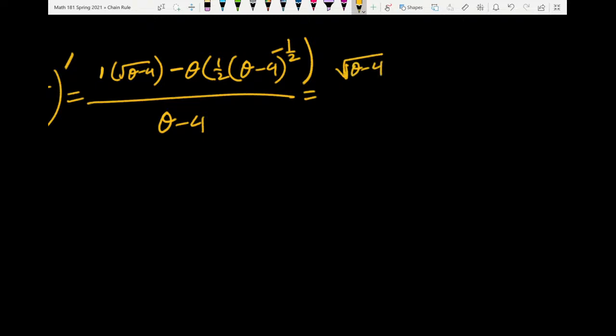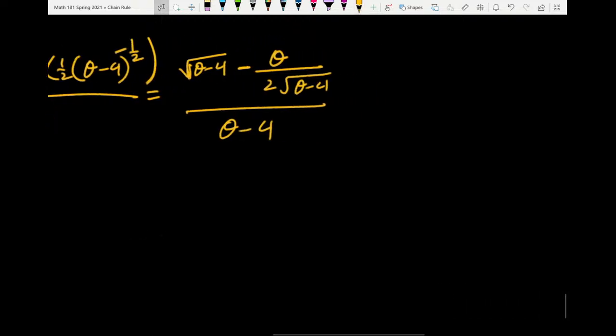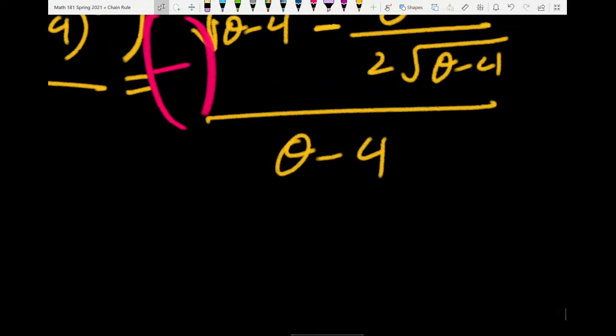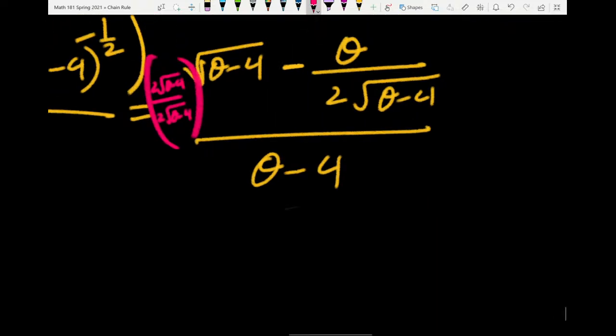This gives you theta over 2 theta minus 4. Lord, look at that. We have a fraction within a fraction. We've got to get the common denominator, multiply everything by 2 square root of theta minus 4.